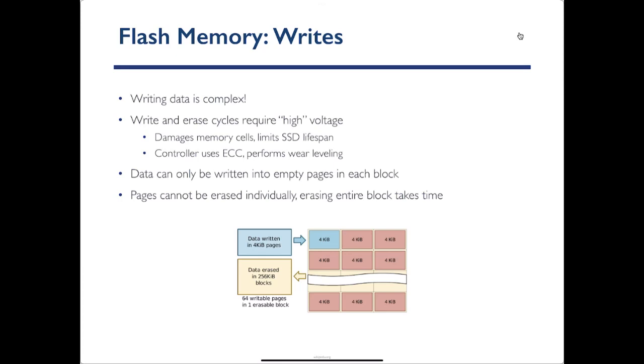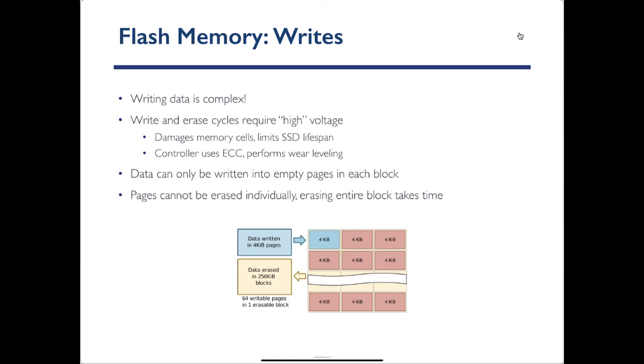So the unit of erasing, when they want to erase flash cells, they erase a block which consists of a bunch of pages all together. When they want to apply that high voltage, they don't just apply it to a single page, they apply it to a block of pages. For example, in this particular photo in this slide, 64 pages.